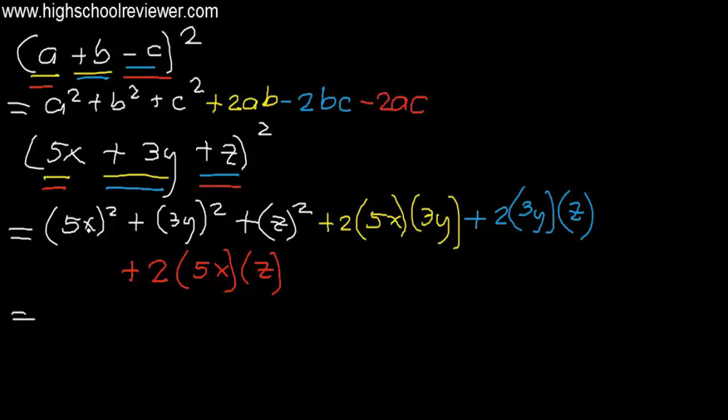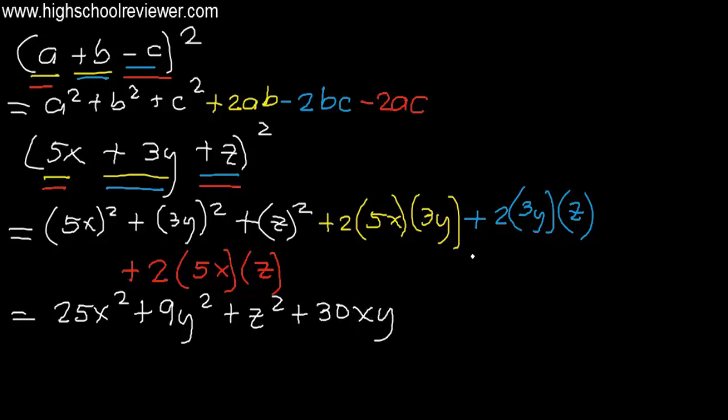5x raised to the power of 2, this will give us 25x squared. We'll have here 25x squared plus 3y raised to the power of 2, that is 9y squared plus z squared plus 2 times 5 times 3, that will give us 30. Okay, 2 times 5 is 10 times 3, 30xy.